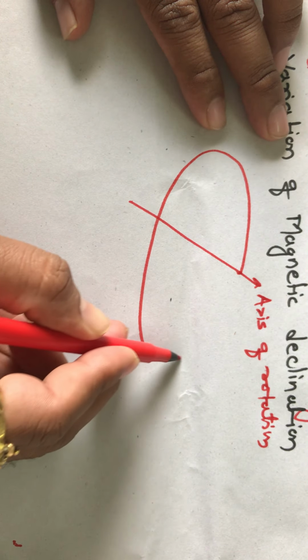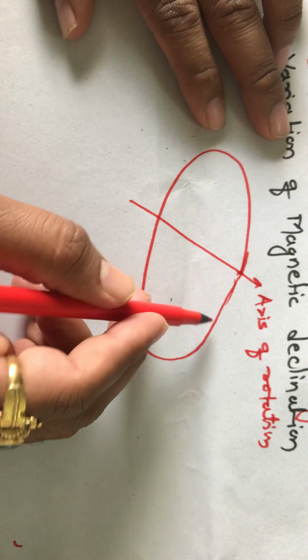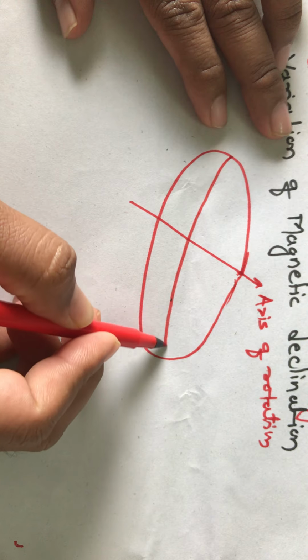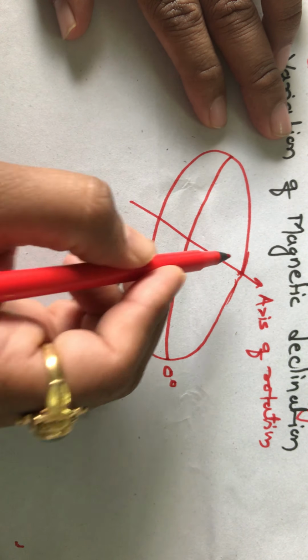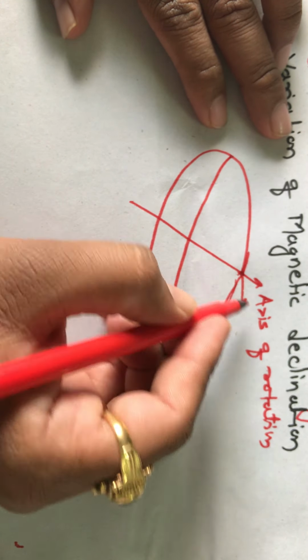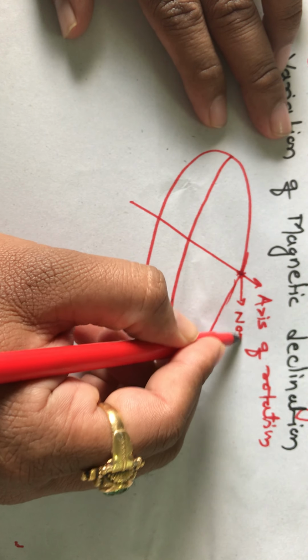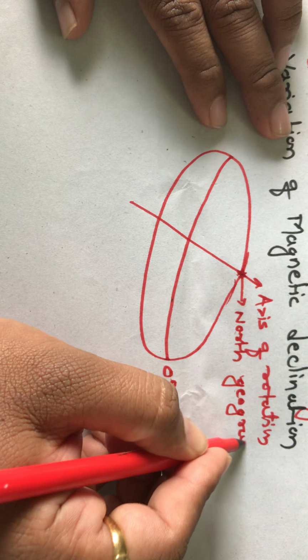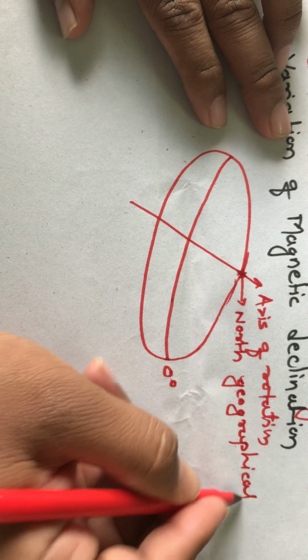Along this we have the earth, and we have some lines. Suppose this one is the zero line, and this is the north geographical pole.